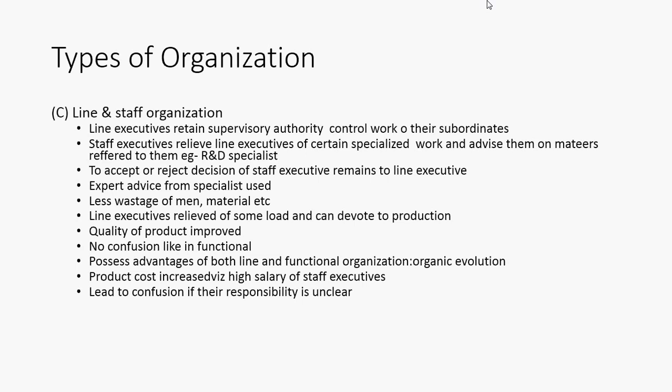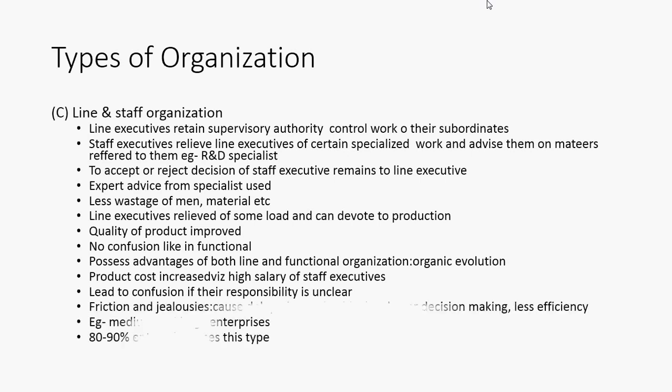So to avoid the confusion, we have to assign the roles, regulations and responsibilities clearly and in a document. Otherwise there comes friction and jealousies. By the friction and jealousies, they cause delays in the work.